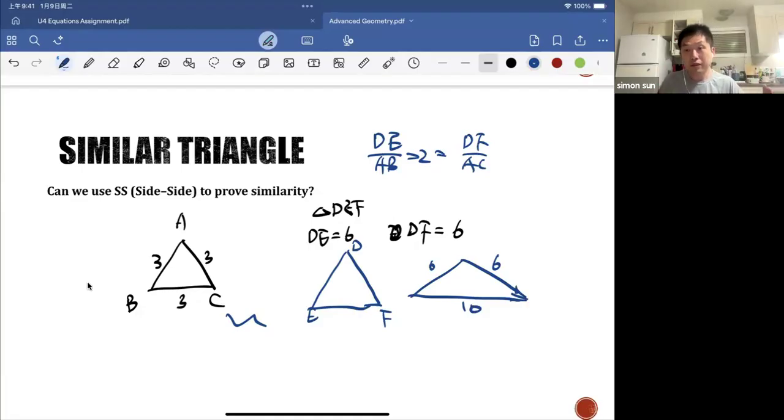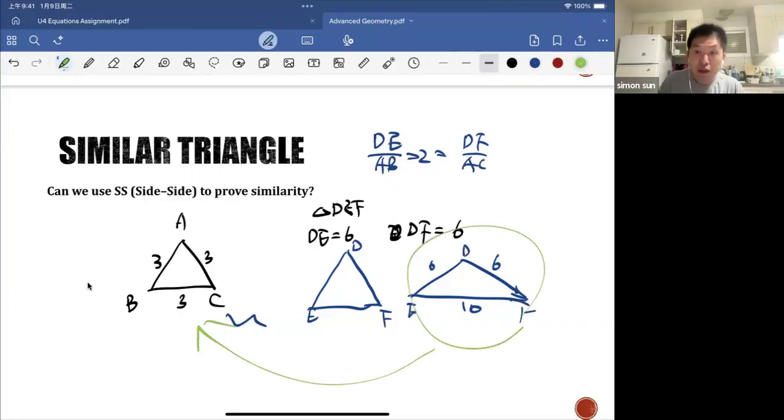So it's not an equilateral triangle anymore. Take a look at this one, DEF. This one is not similar to the triangle ABC anymore. But the two corresponding sides, if you do the ratios, are actually the same, right?